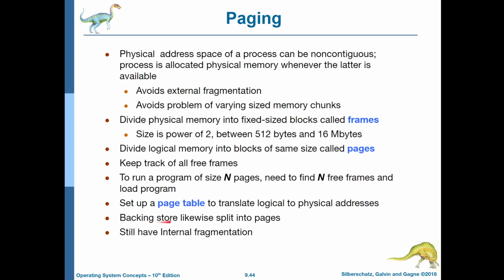We'll also see that the backing store likewise needs to be split into pages to maintain the equivalent nature. But again, when we do split up the backing store into uniform page sizes, we eliminate external fragmentation. We still have a problem. In fact, the problem becomes a little bit more pronounced with internal fragmentation while we're dealing with paging.